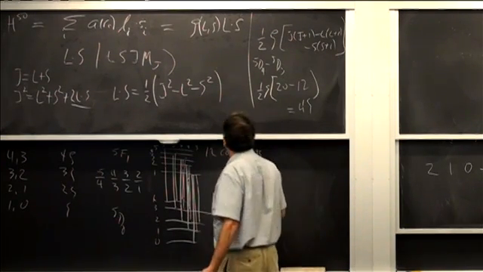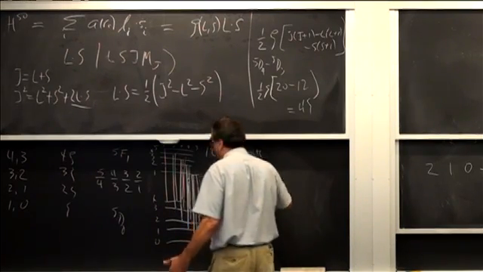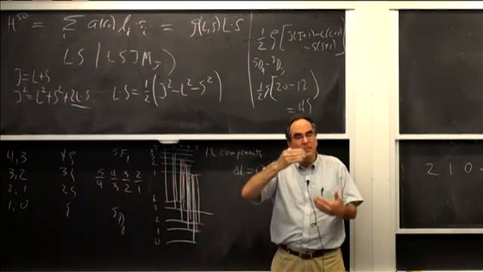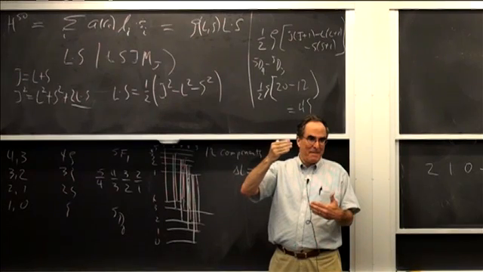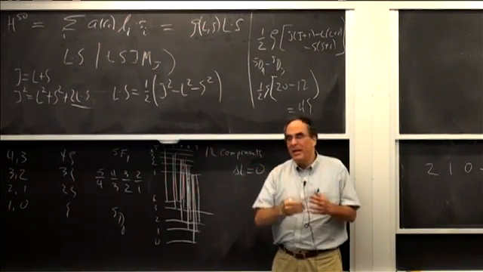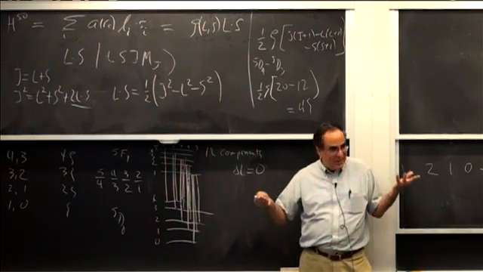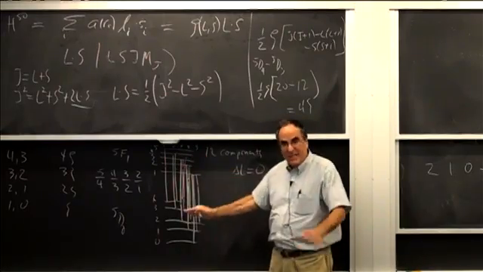And another fact, if delta L is 0, in other words, if you have states of the same L, you get the maximum number of repeated intervals. I can't possibly lecture to you about how to do this without you actually working a problem. But this is how it begins.